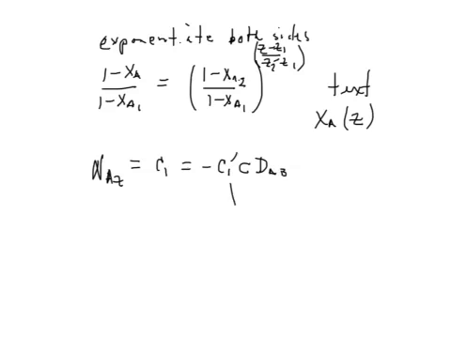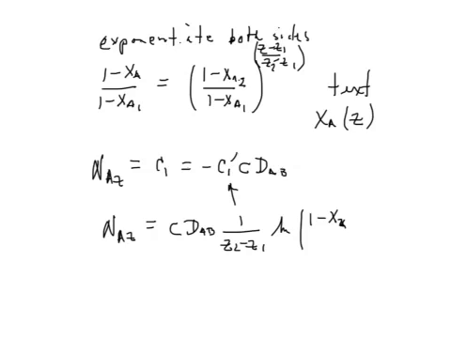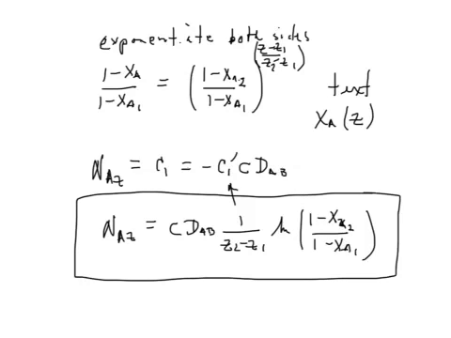And we have determined C1 prime already, so just by direct substitution we obtain the flux as C DAB times 1 over Z2 minus Z1 times the log of (1 minus XA2 over 1 minus XA1). And that is the flux expression given in your text.